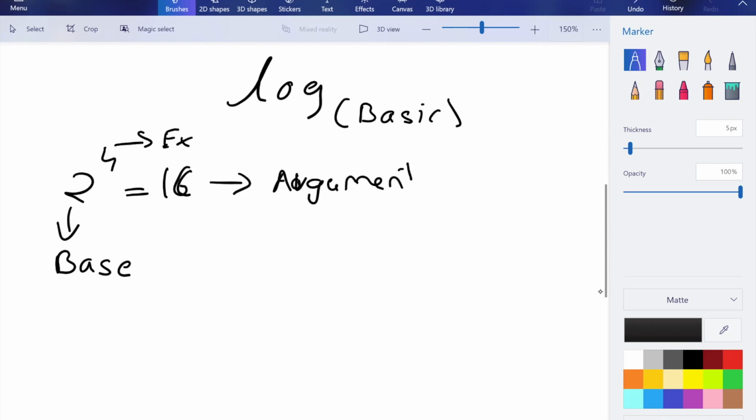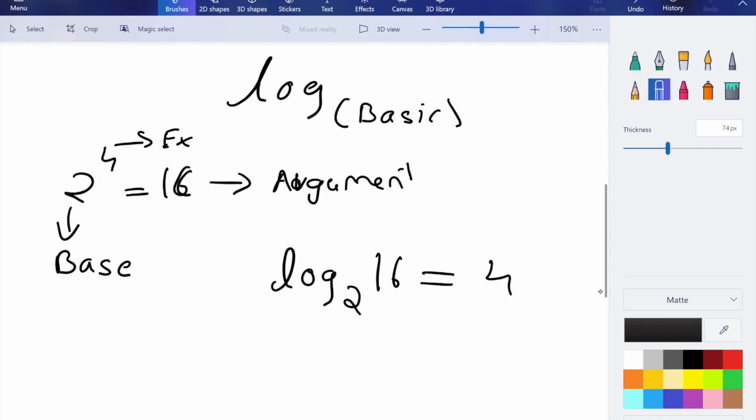Now, when you convert this same thing into the logarithmic function, first we write log, then we write the argument, and then down the base, and the answer is the exponent. This is read as log of 16 to the base 2 is equal to 4.